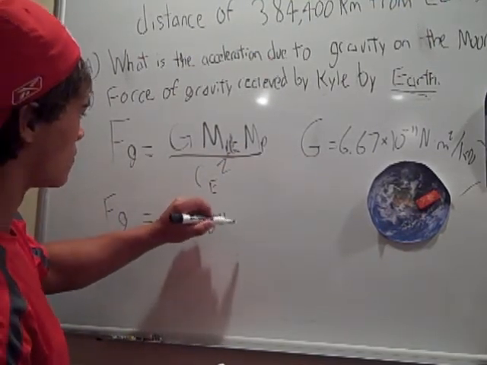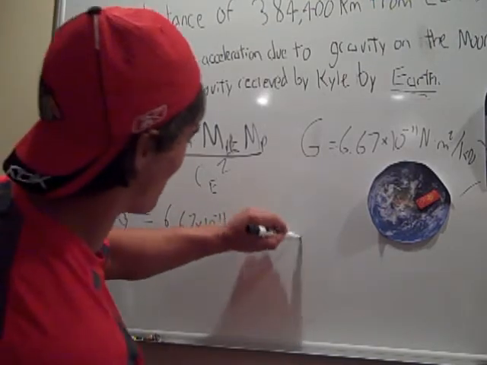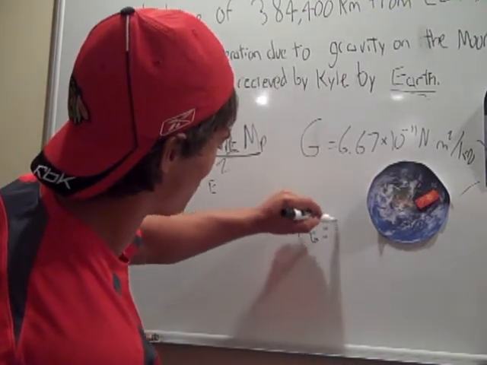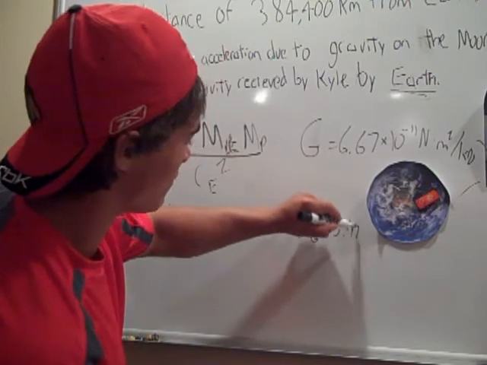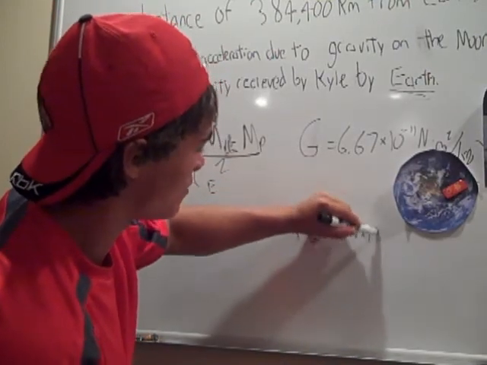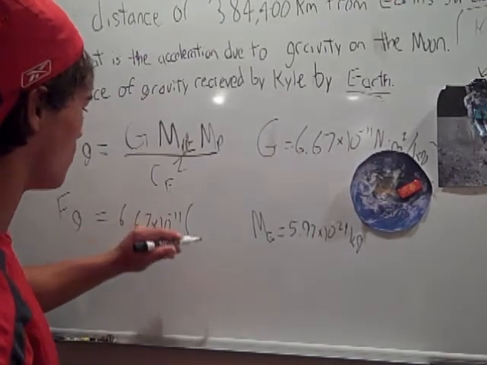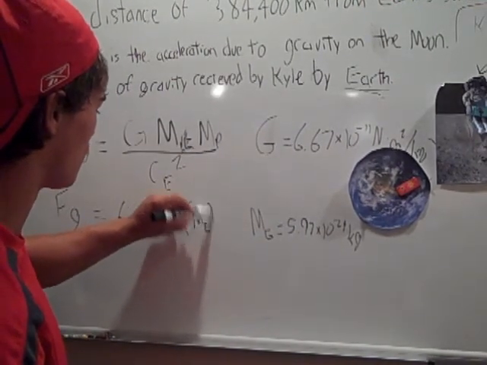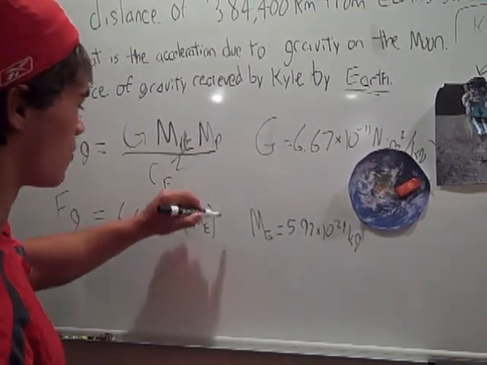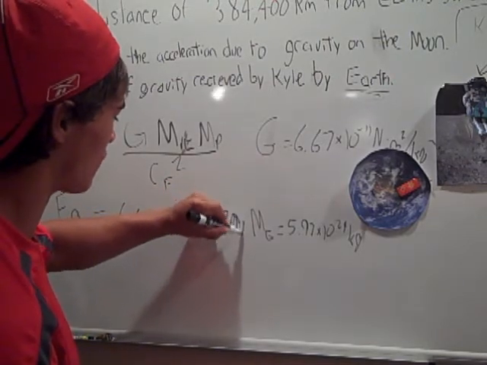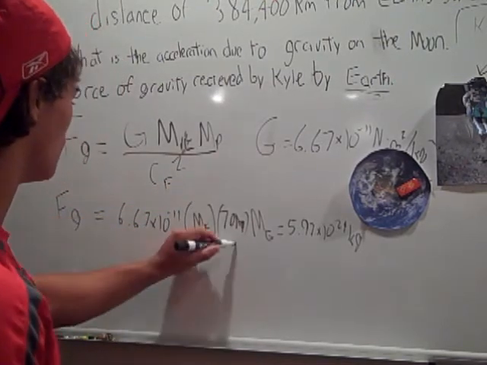So times the mass of the Earth, which is equal to 5.97 times 10 to the 24th kilograms. So mass of the Earth times mass of the person, we'll call that 70 kg for Kyle. Might be an overestimate.